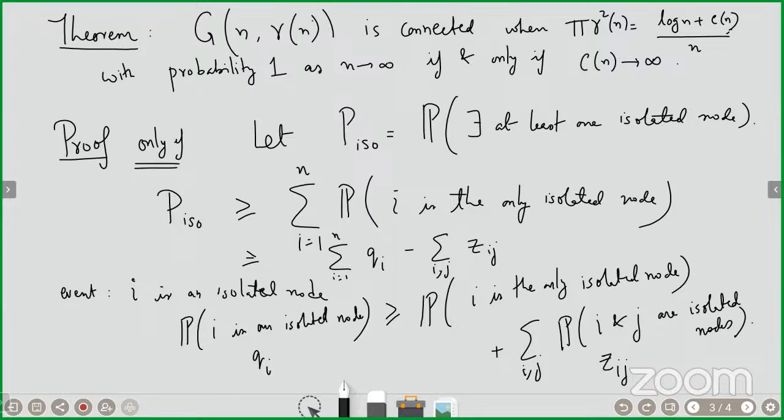In the previous thing, the inequality is P iso greater than or equal to that thing, but that is less than or equal to this one. Yes. So this direction is the problem.